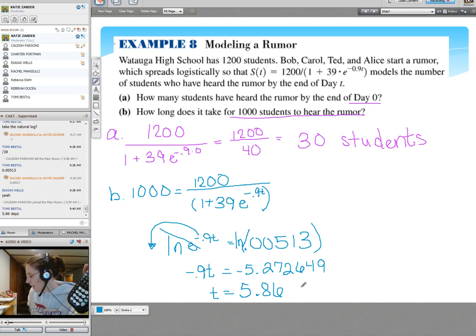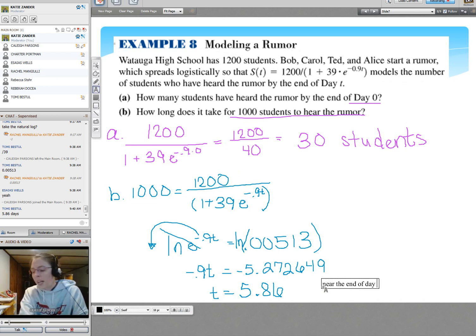So almost at the near end of 6 days, the rumor has reached 1,000 students, because 5.86 is almost 6 days. Near the end of day 6, 1,000 students have heard the rumor.